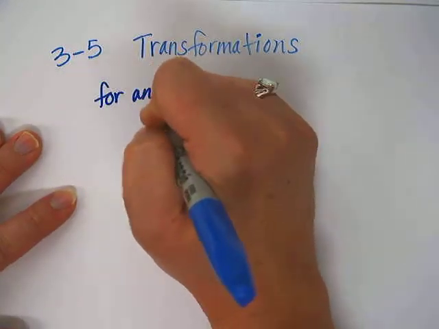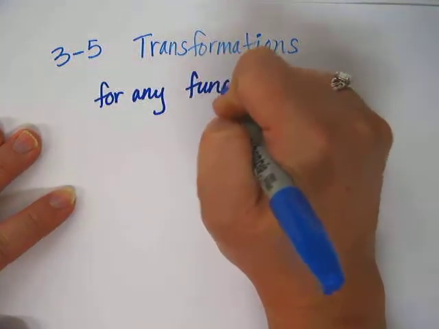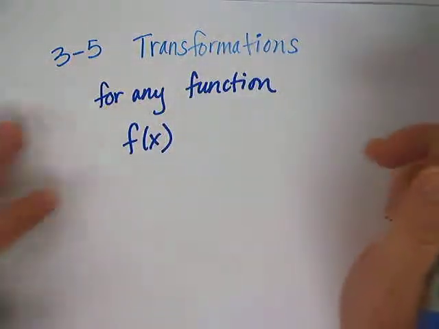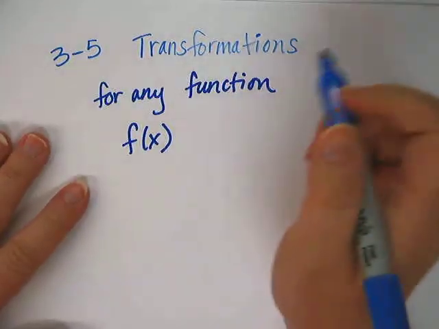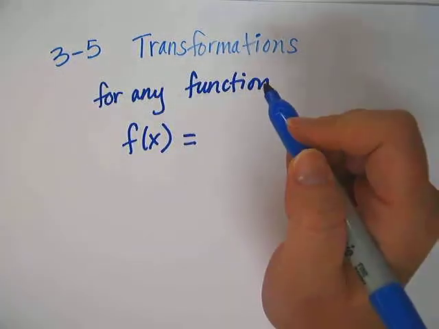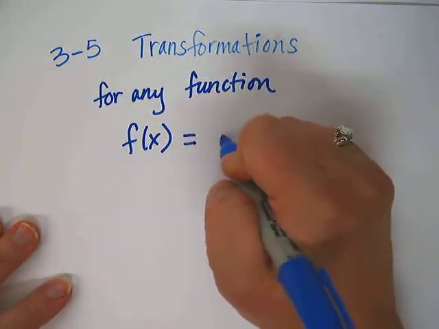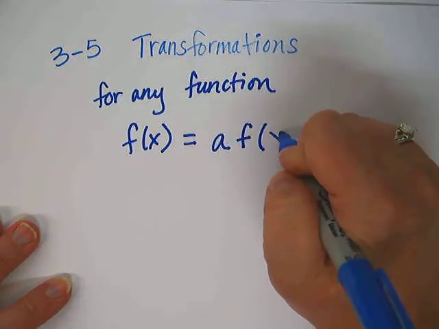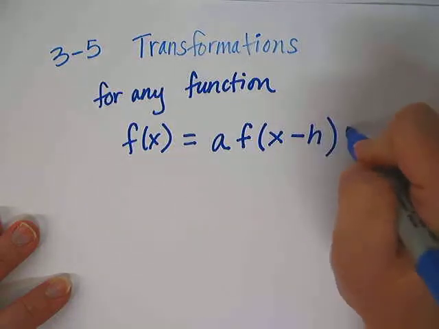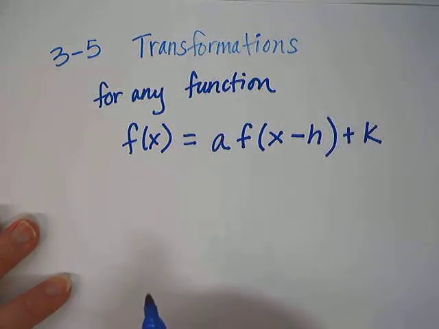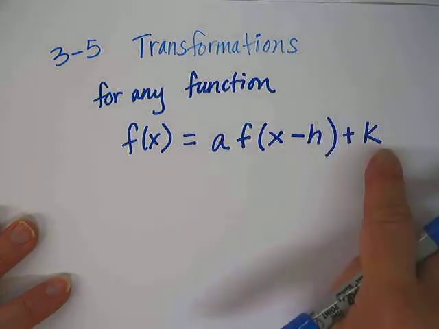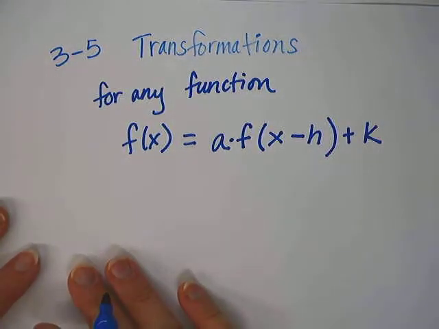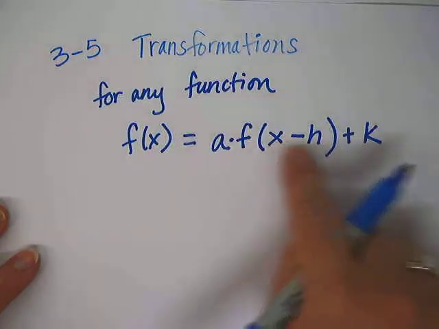So, for any function f of x, if you have some number on the outside and a number on the inside here and another number out here, each one of those numbers does a different thing.